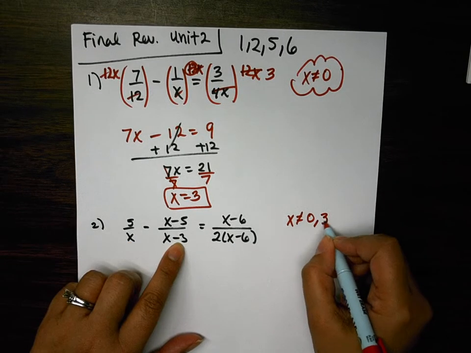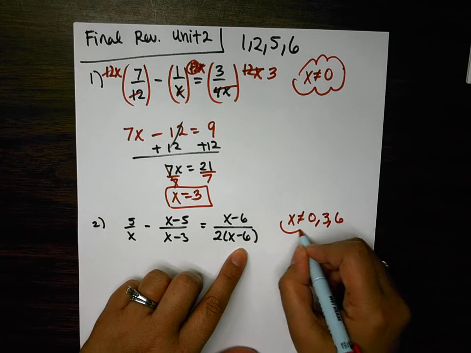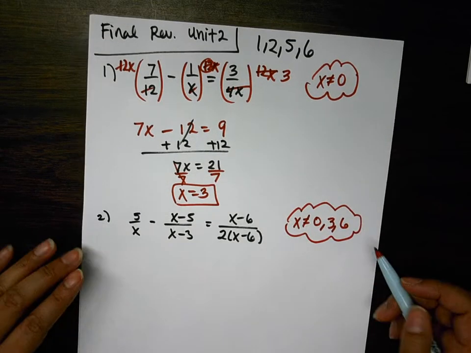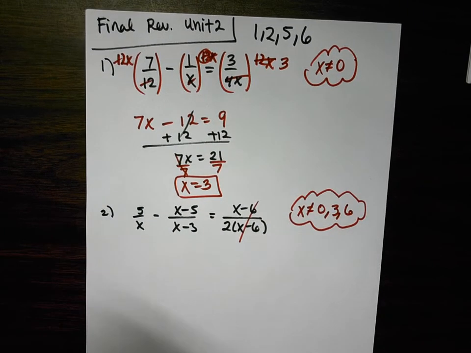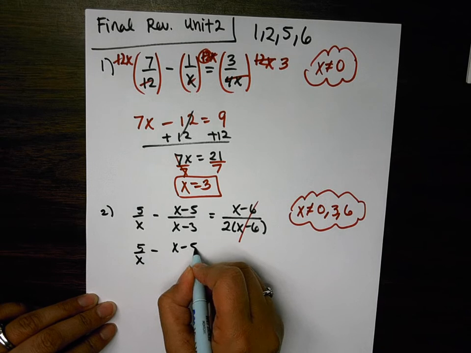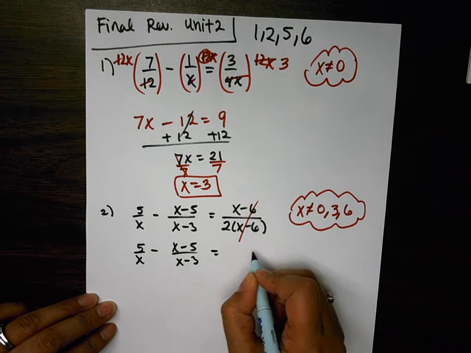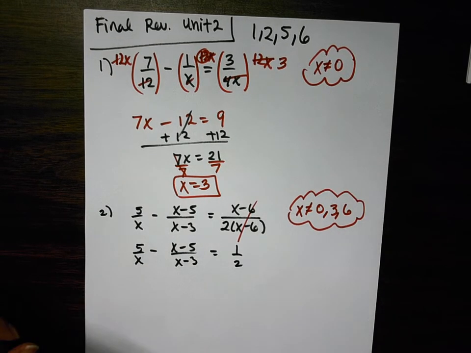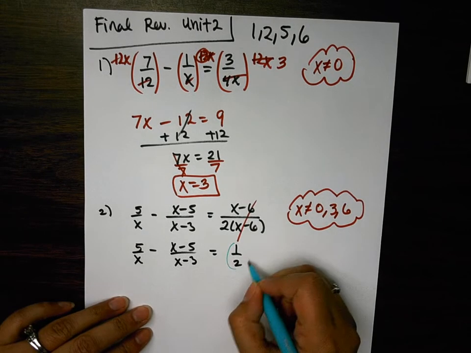There are 3 things that x cannot equal here. 0 is one of them because of that. And I heard 3, and what's the other one? 6. All right, we just want to make sure that we find our restrictions before we reduce. Restrictions always come first. All right, 5 over x minus 5 over x minus 3 equals 1 over 2.